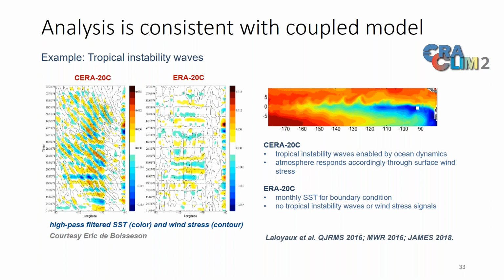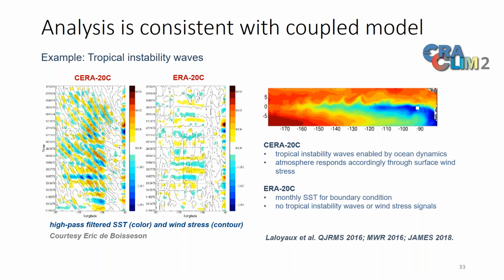The coupled ERA 20C is coupled with the atmosphere, and in this case, the external SST was used as a weak constraint to relax to in order to control the bias, but the state was developed by the coupled model.